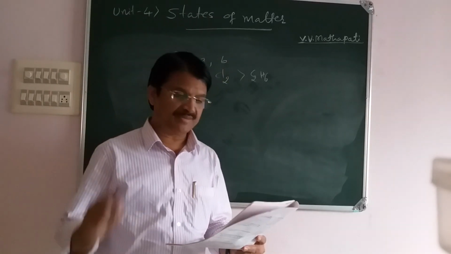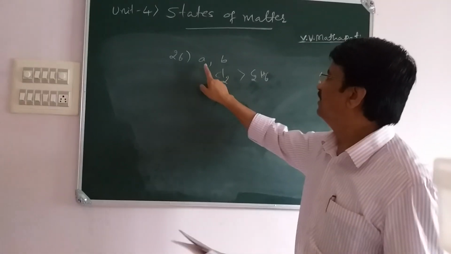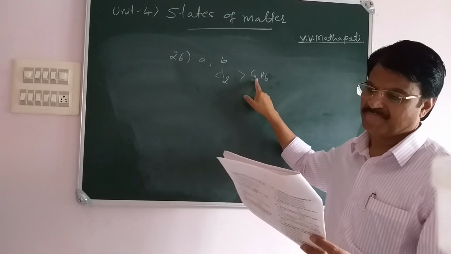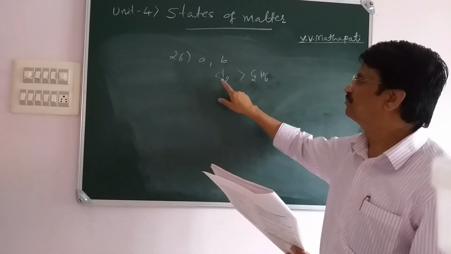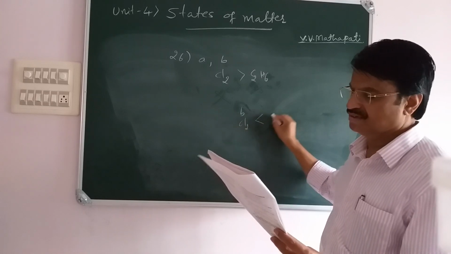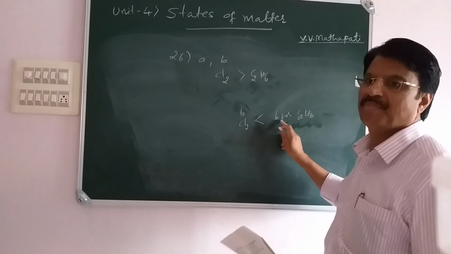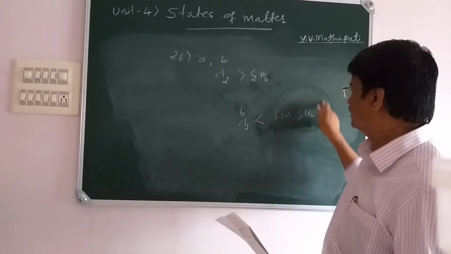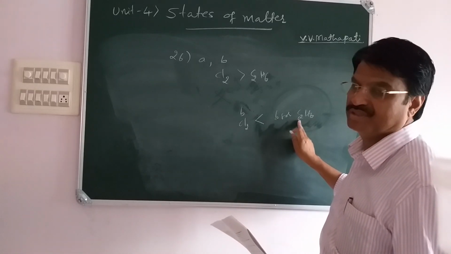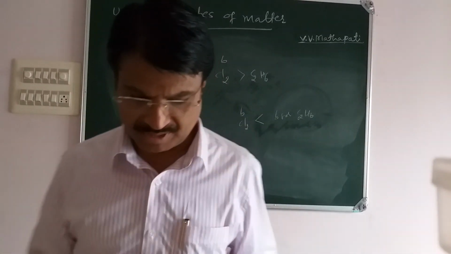And last, a for Cl2 greater than a for C2H6 is correct, but b for Cl2 less than b for C2H6. Means in case of C2H6, the b value is greater than Cl2, but the a value is less. Remember, a value is less.